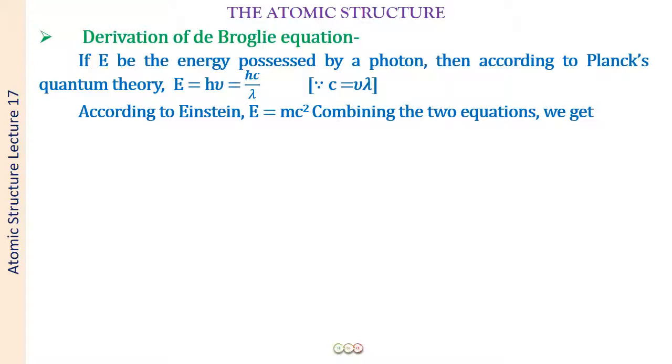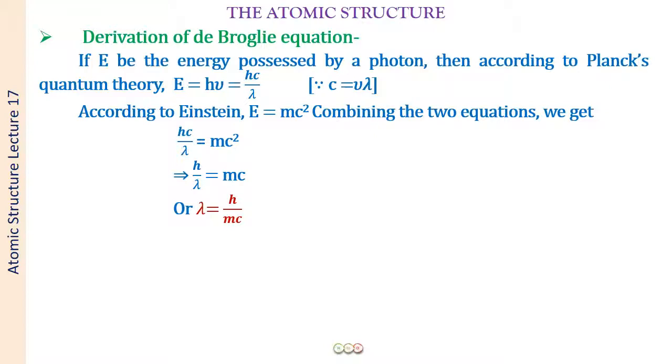This was applicable to everything. So these two equations de Broglie combined, and what we get from the combination is that hc by lambda is equal to mc square. Fine. So in other words, what does this mean? h by lambda is mc, and lambda is equal to h over mc.